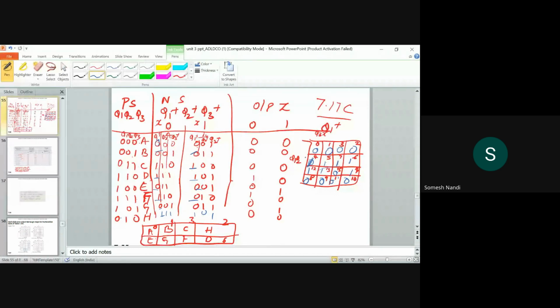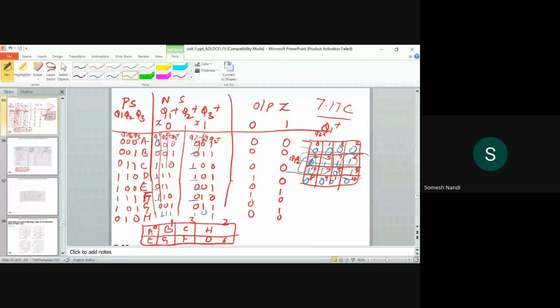So now, if you try to make this one, you will have one pair here. Okay. Then, I'm sorry, one quad here, one more quad here, then one more quad here.